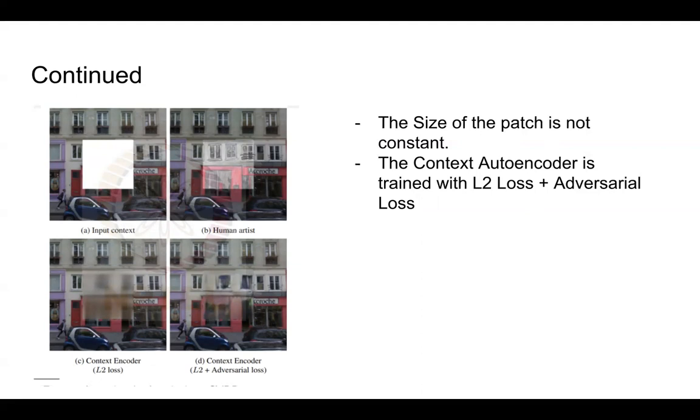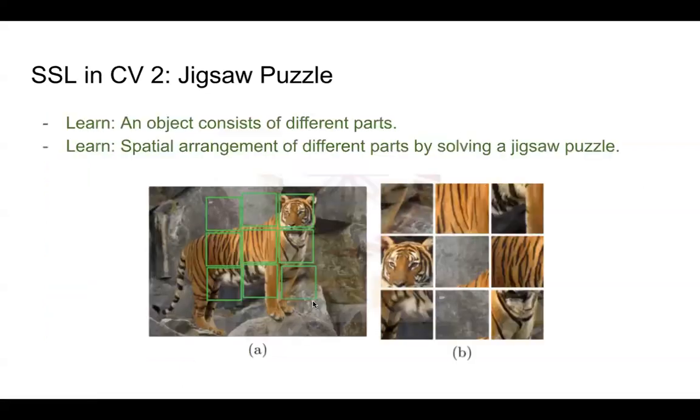In the left-hand corner is the reconstruction of the image using only L2 loss, and in figure D is a reconstruction of the image using L2 and the adversarial loss. This is a fairly good approximation of the true pairs, which is achieved by this paper.